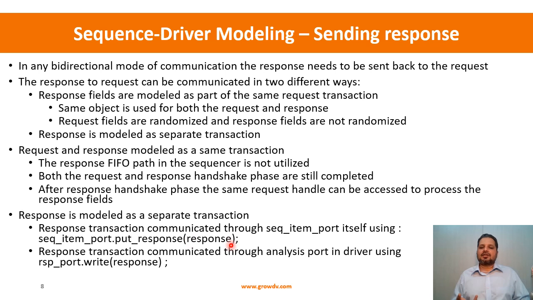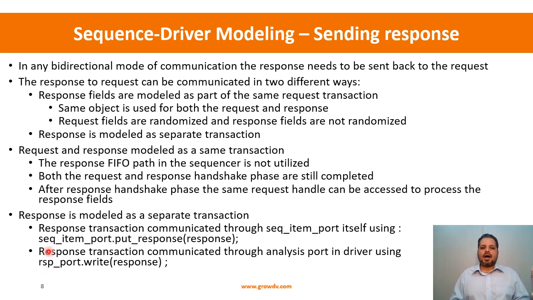Even though it does it this way, finally it gets routed through the response FIFO itself, the common response path we have. Ultimately these are just two ways of doing things, but both send it via the response analysis port and the response FIFO.